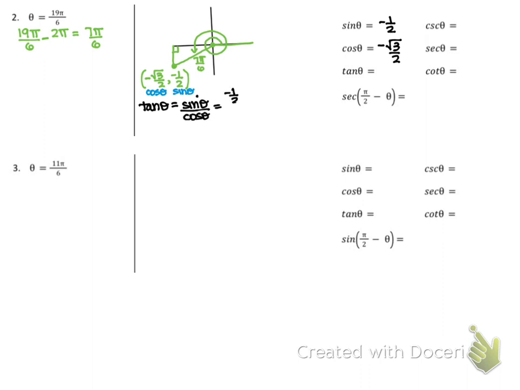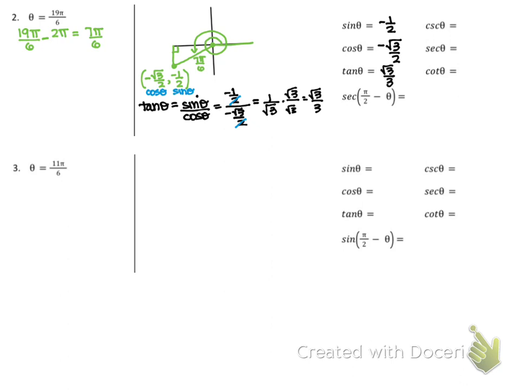So it's going to give me negative half over negative root 3 over 2. When you have a fraction divided by a fraction and both of the denominators are the same, we multiply by the reciprocal. They cancel. The 2s are gone. So this is going to give me a negative divided by a negative, which is a positive, over root 3. I have to clean that up. So this is going to give me root 3 over 3. Let's go ahead and plug that in for tangent.